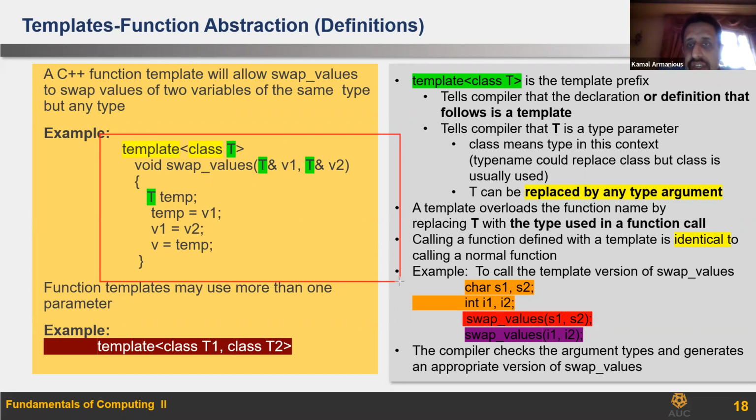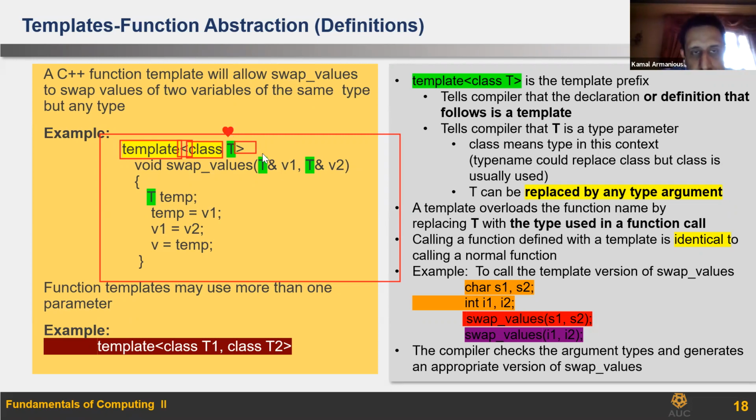So this is a function template, and before it you have this keyword that is called template, and you have less than, greater than, and you have to have the word class. Then it comes this little t, our friend t.